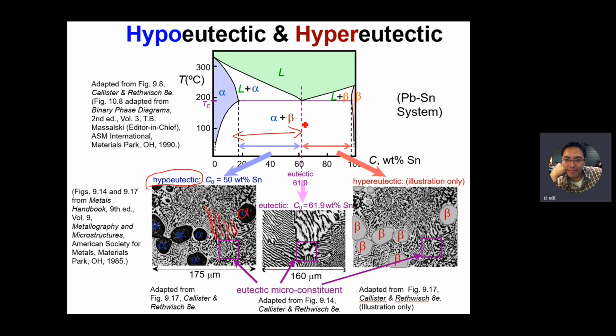And for this hypereutectic, its microstructure is beta core with the layer structure. And for this eutectic structure, it's completely layer structure. Layer by layer.